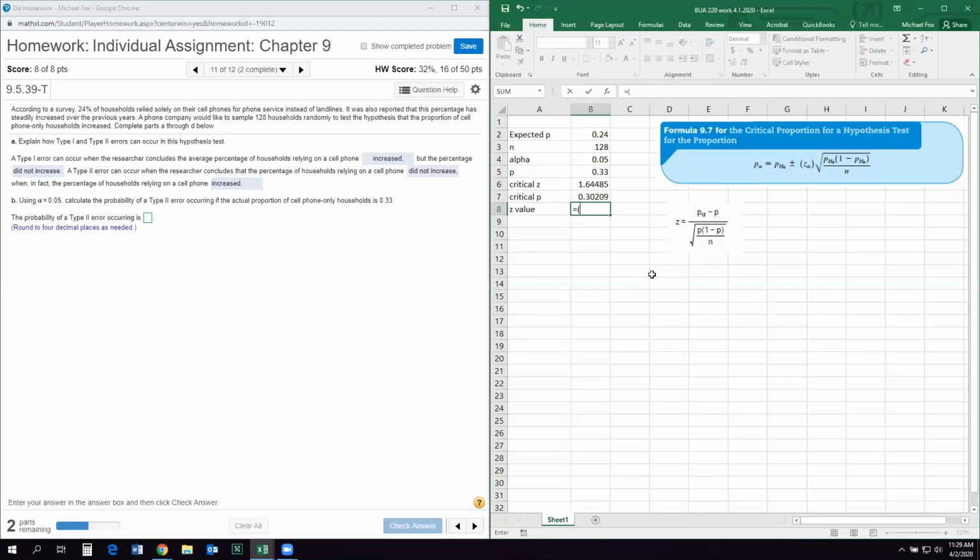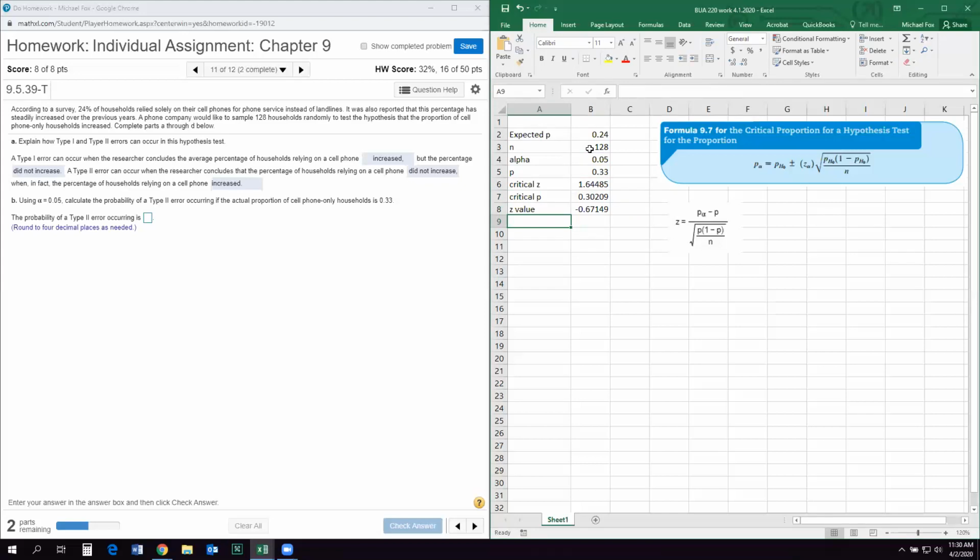Our numerator is our critical P, the P alpha, minus P. We're going to divide that by the square root of P times 1 minus P, the denominator. So there's our Z value, a negative 0.67.